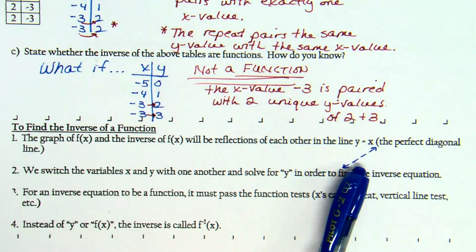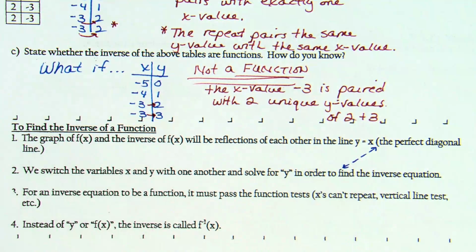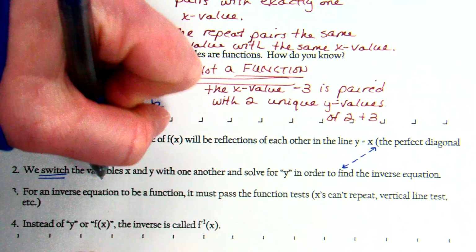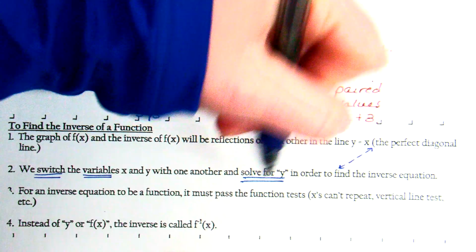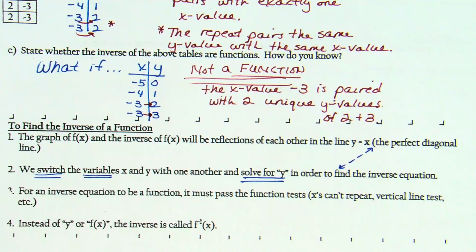Okay? Now, to actually find our inverses, which is what we're going to do, we switch the variables x and y with one another. So we'll take our x and y, we'll flip-flop. After we flip-flop, our job is to solve for y. Okay?